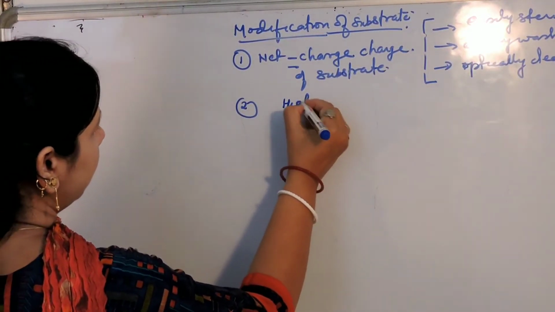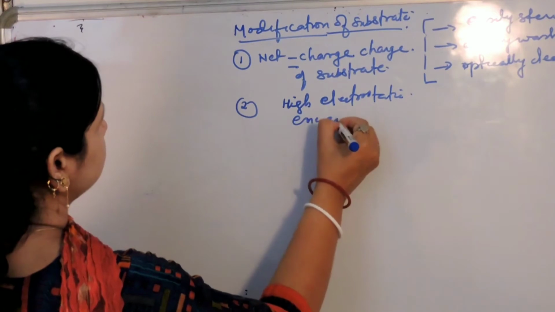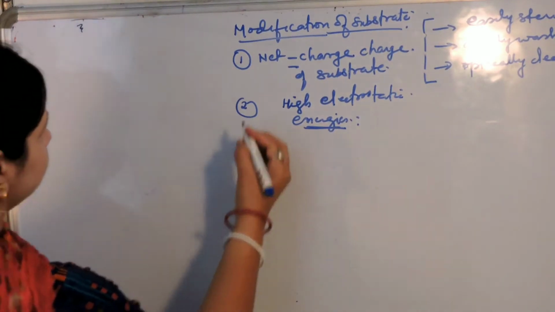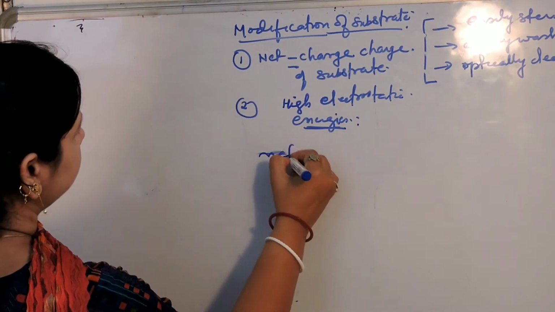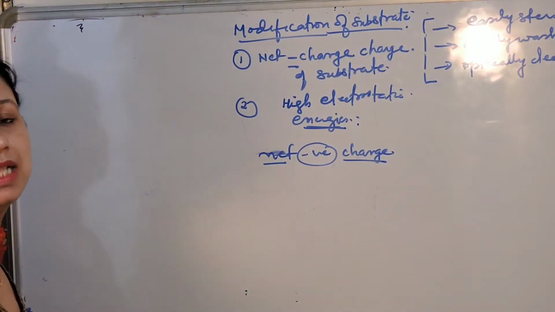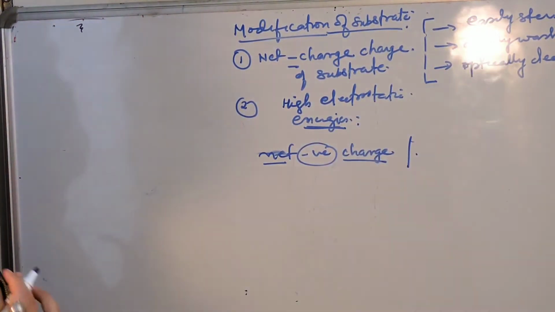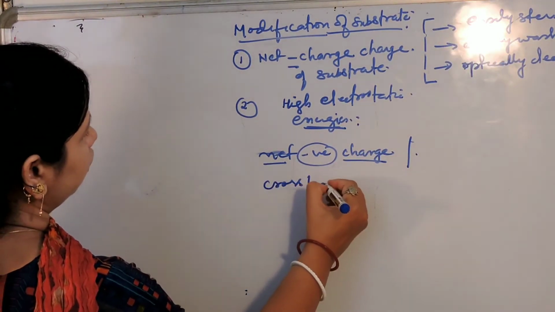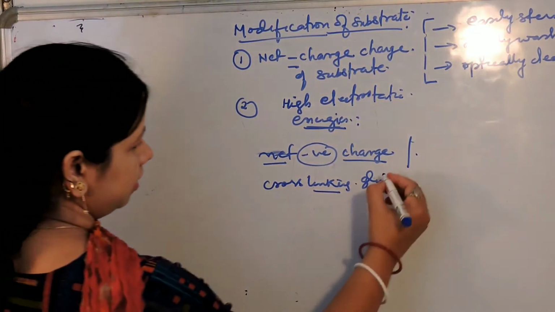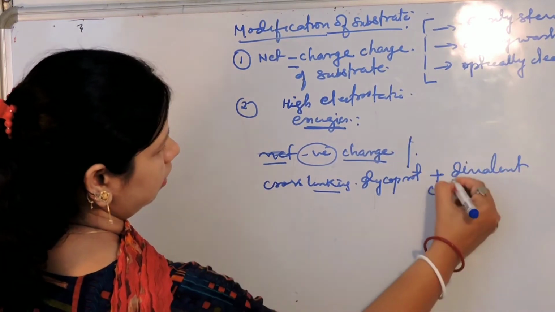Since the surfaces of animal cells have net negative charge, cross linking with glycoprotein and divalent cations such as magnesium ions and calcium ions is required.